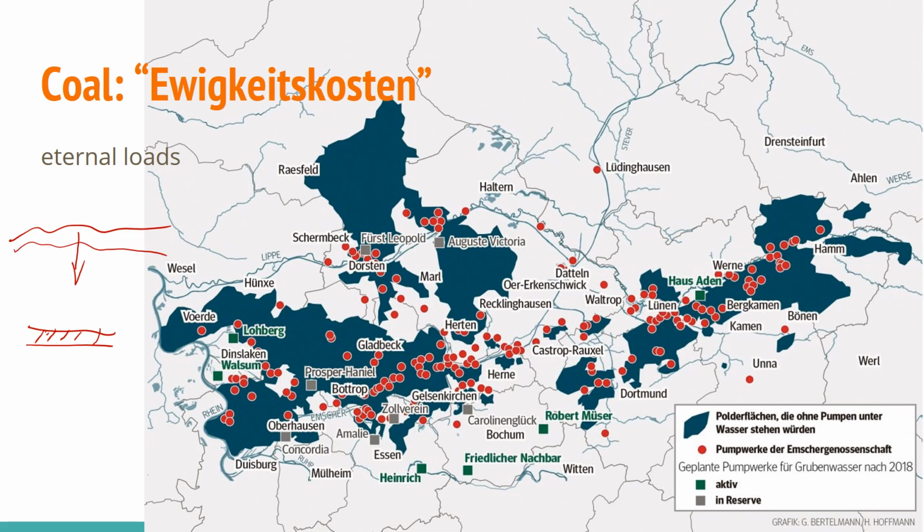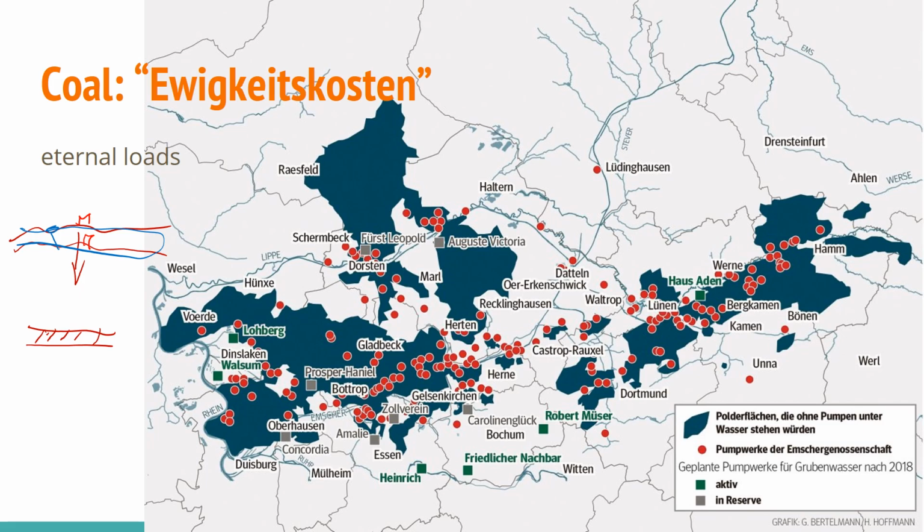And if you have the land below the water streams, all this area will fill with water. But because there are living people in this area, there are houses, and the houses are going lower, you don't want the houses to be flooded.